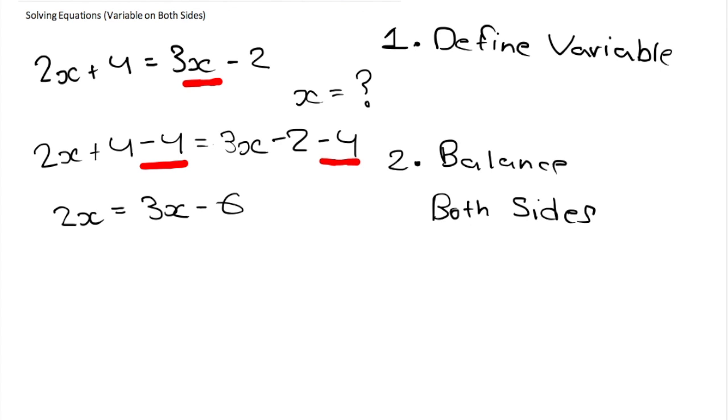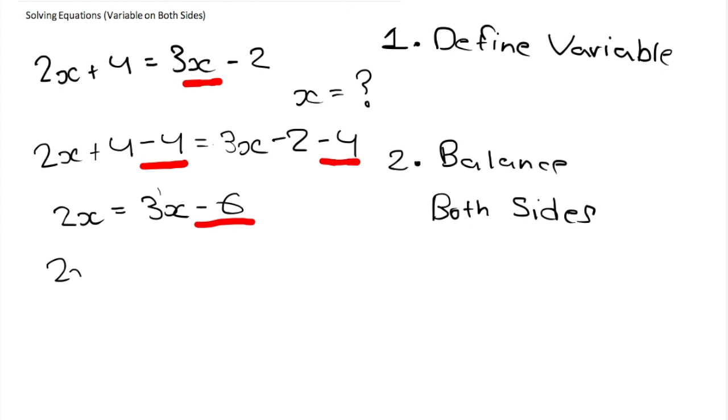Now you can see that there's still the variable on both sides of the equation, but there's only one constant now. A constant is just a fancy way of saying an actual number, a real number without a variable in it. So now to simplify this equation even further and isolate for x, we can subtract both sides of the equation by 2x to get rid of the 2x on this side and simplify the variable even more.